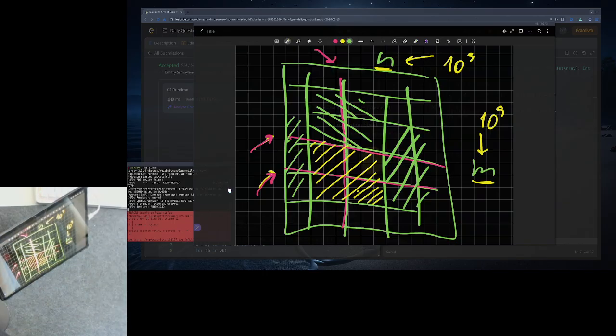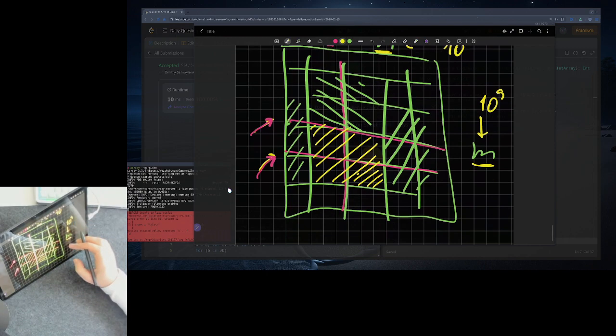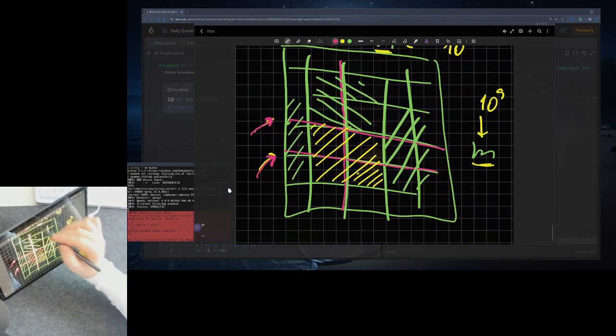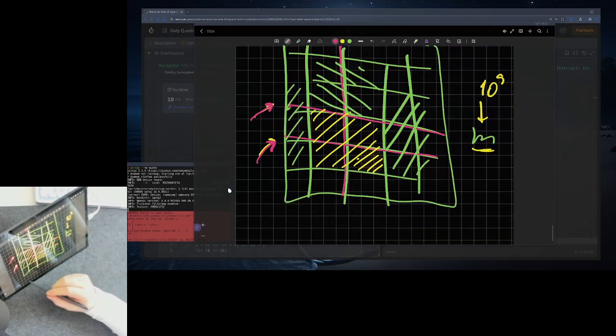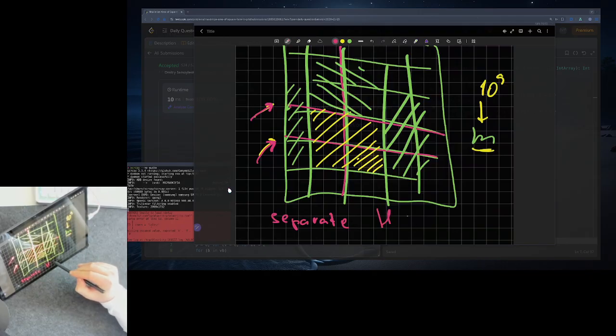Now there are some different ways to solve it, and after you understand this problem, you just have to consider this as separate problems for the horizontal and for the vertical bars.